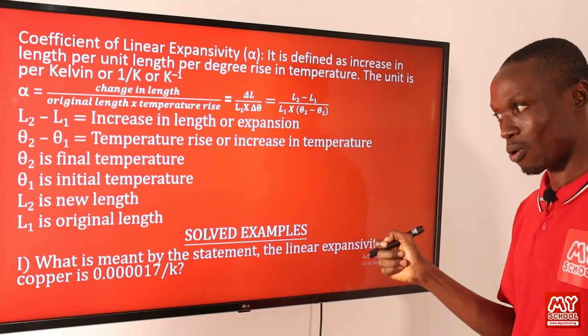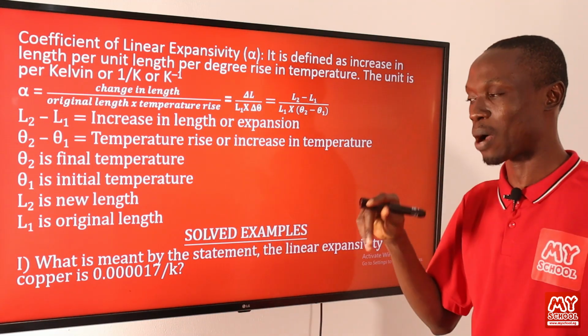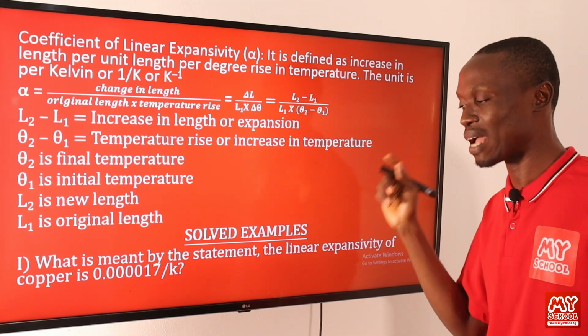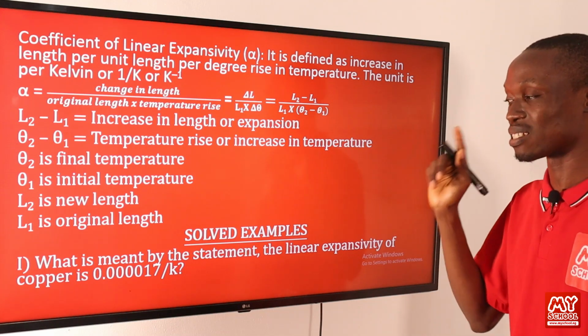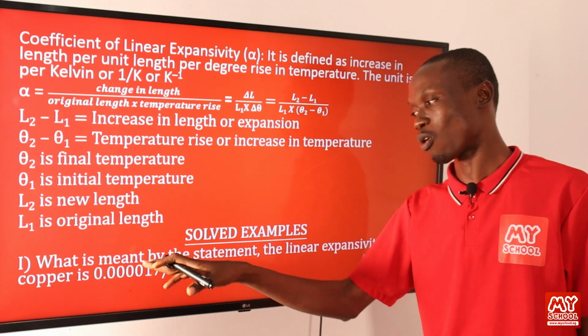What this statement means is that the increase in length per unit length per degree rise in temperature of copper is 0.000017 meter. That is just the meaning of this statement.